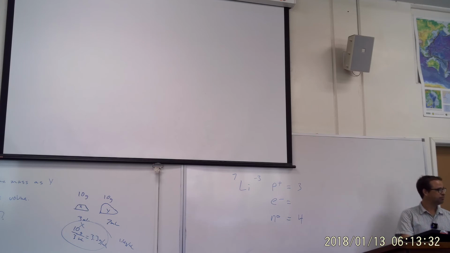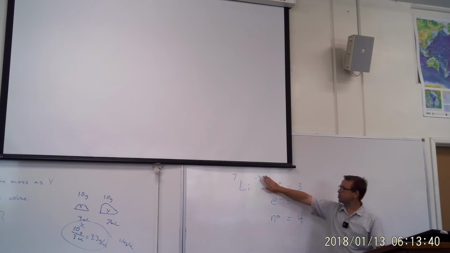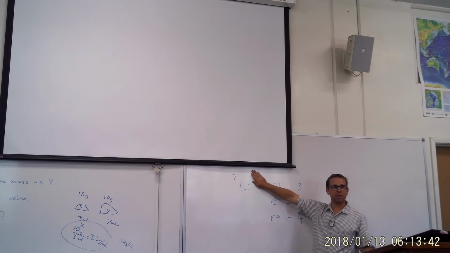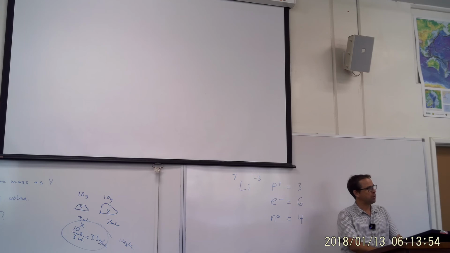If there was no charge, then it would be the same as the protons, right? So if there's a -3 charge, it's 3 more than the protons, right? So 6 electrons. Should we do that one again?